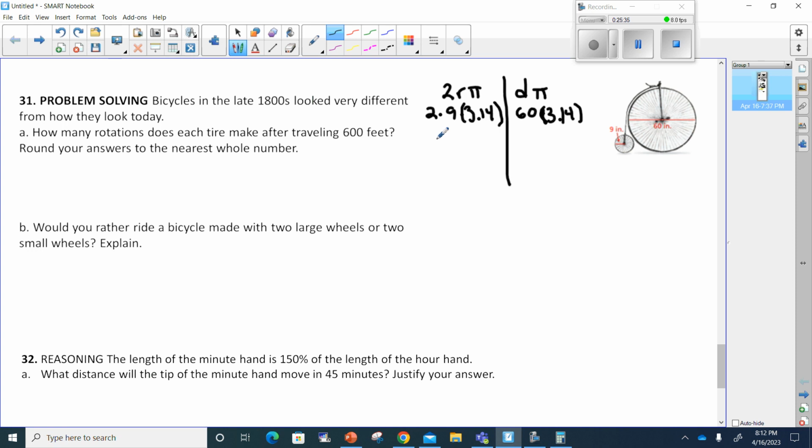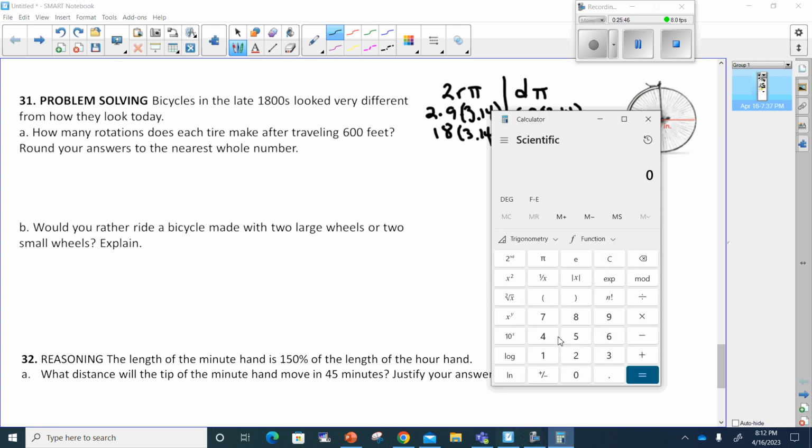So 2 times 9 is 18, and 18 times 3.14 gives us 56.52.